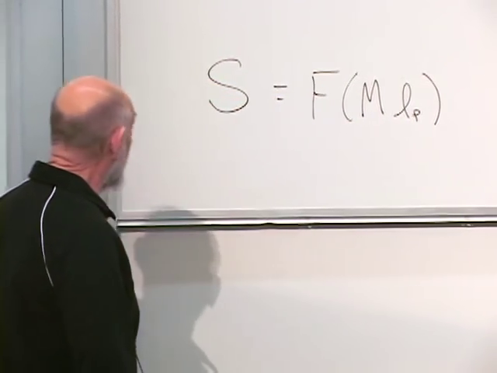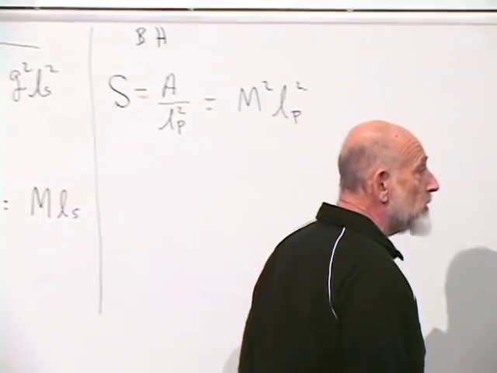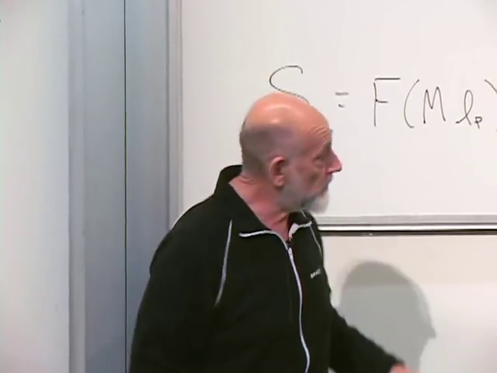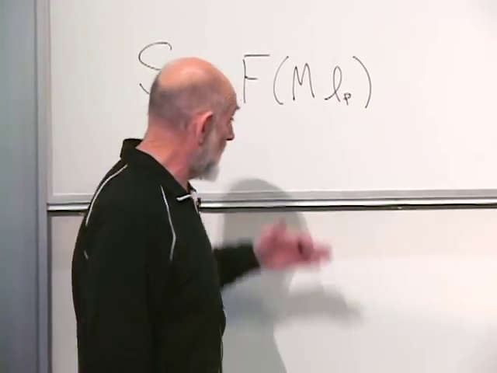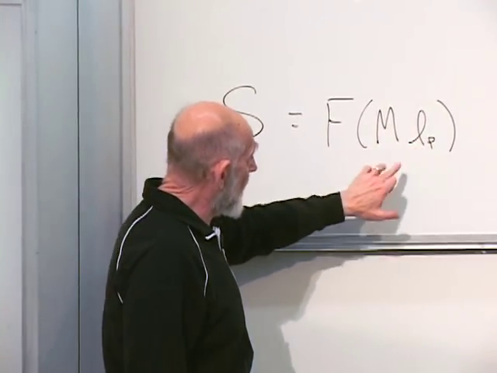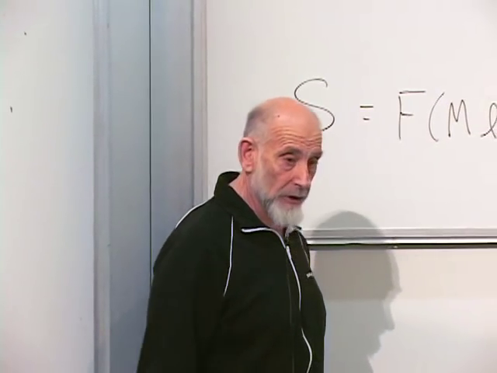But that doesn't tell you that it's mass squared times L Planck squared. It could be mass cubed times L Planck cubed. It could be mass times L Planck. All it says is that this is the dimensionless combination of variables that S can depend on.